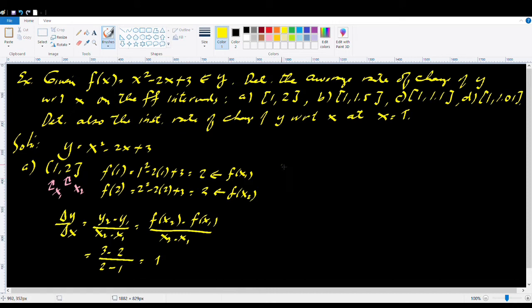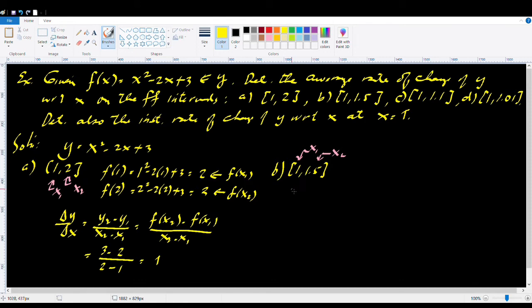So proceeding now to the second interval, 1, 1.5. Our x sub 1 is still 1, but our new x2 will be 1.5.